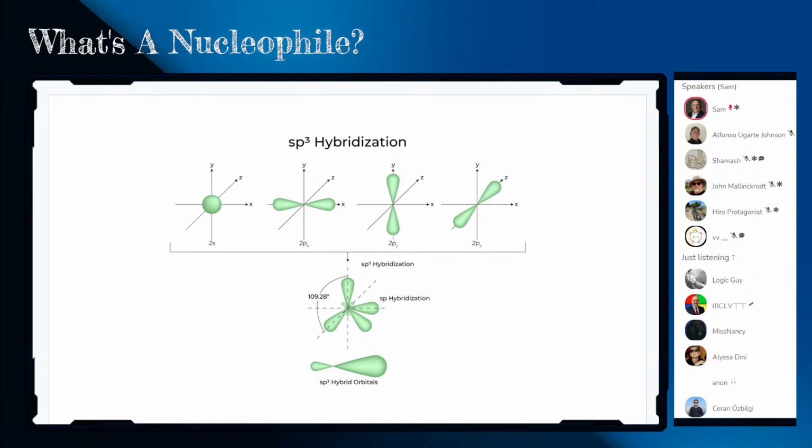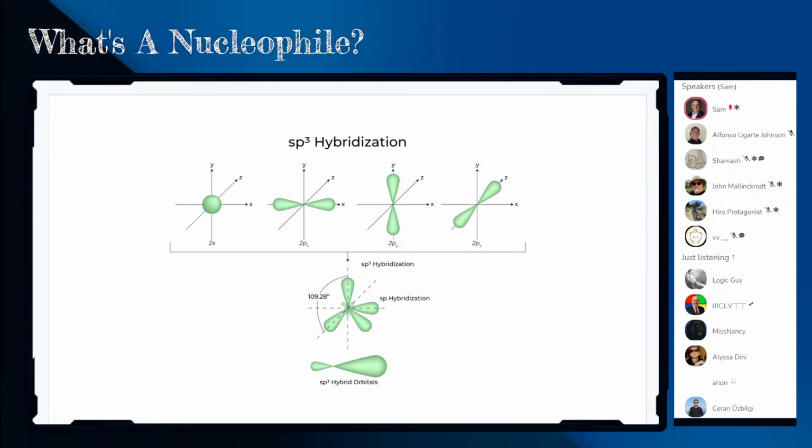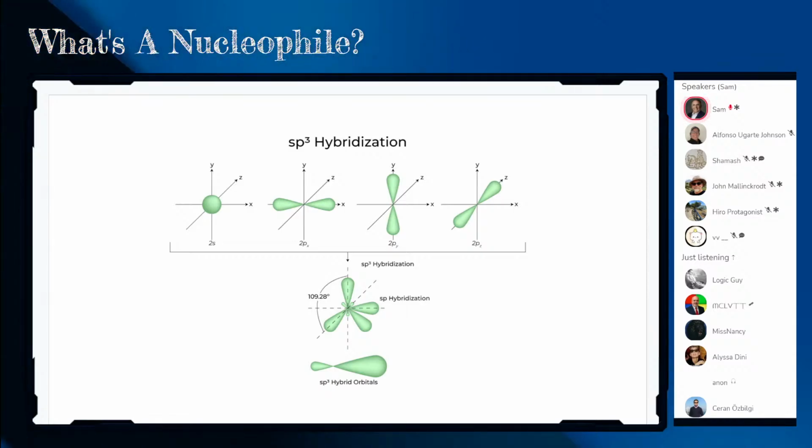I'm going to introduce one more thing here, which later on becomes important. I'm just introducing it here so we've heard the terms and start thinking about them. When you look at the sp3 hybrid orbital at the bottom, it has a big lobe to the right and a small lobe to the left. The big lobe to the right is called the bonding orbital, and the small lobe to the left is called the anti-bonding orbital. Meaning what?